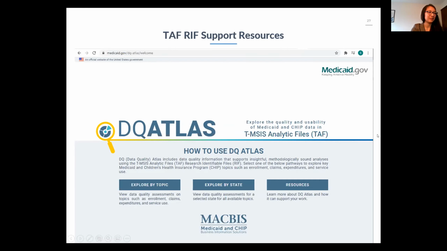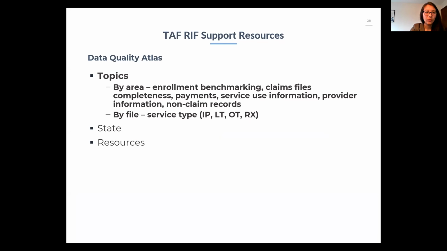I think some of you already have some experience walking through it if you did the exercise. Here's the landing page. You can search by topic or by state. Again, the information here is reflecting state and annual variation. There are also resources to help you understand the atlas, and some supplementary analyses. If you go to the topics page, the topics are broken down by file type and by area.